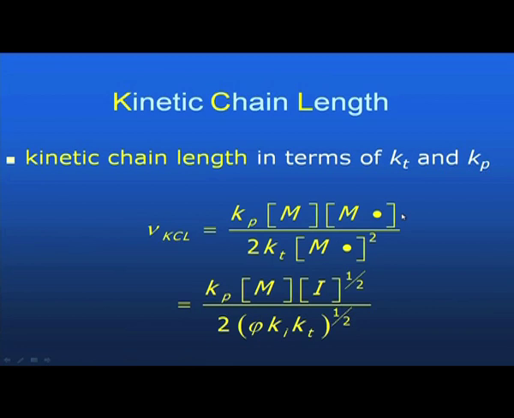If you put the appropriate expressions over here, you will get this expression, that your kinetic chain length will be first order in M and half order in I, the concentration of the initiator.